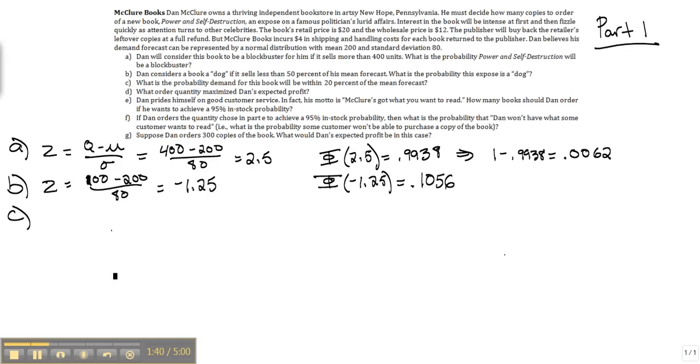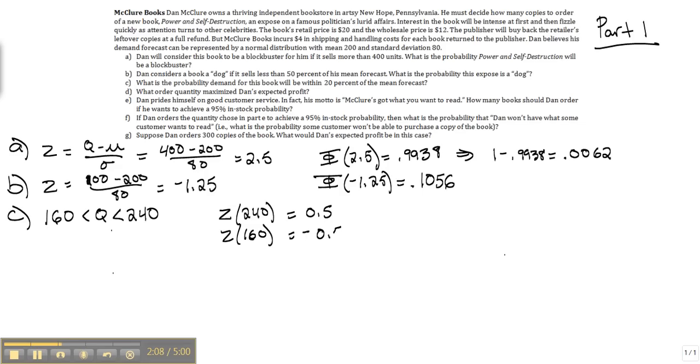In Part C, we're trying to determine the probability that the demand will be within 20% of the mean forecast. 20% less than 200 is 160, and 20% more is equal to 240. So we'll use this same Z formula to calculate statistics for each of these demand quantities. For 240, we get a z-statistic of 0.5, and for 160, we get negative 0.5.